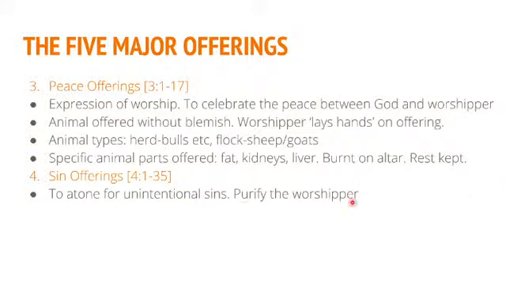In other words, that's obviously symbolic, as we have mentioned already. These things were not literally cleansing anybody's sins at all. They were just symbolic. So it was to atone for unintentional sins, and this term unintentional sins simply means sins that people committed, but it was not in rebellion against God.